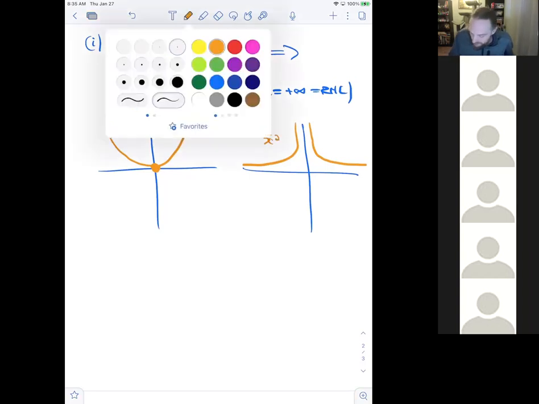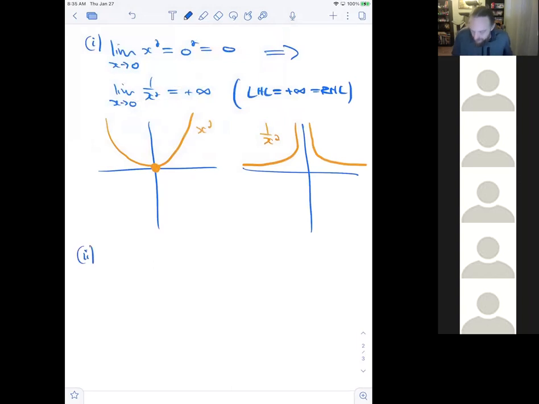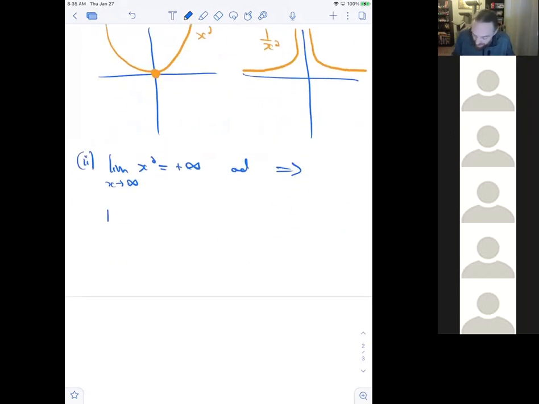And 2, if f of x is 1 over x, or actually it doesn't matter, I can keep the same one. The limit as x approaches infinity now of x squared is positive infinity, and therefore it follows that the limit as x approaches infinity of 1 over x squared is equal to 0.